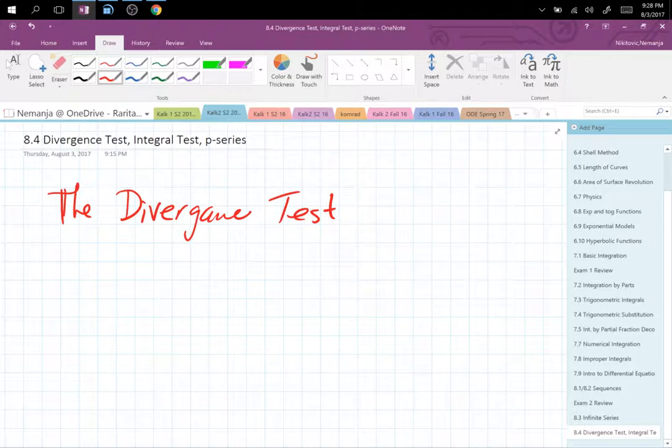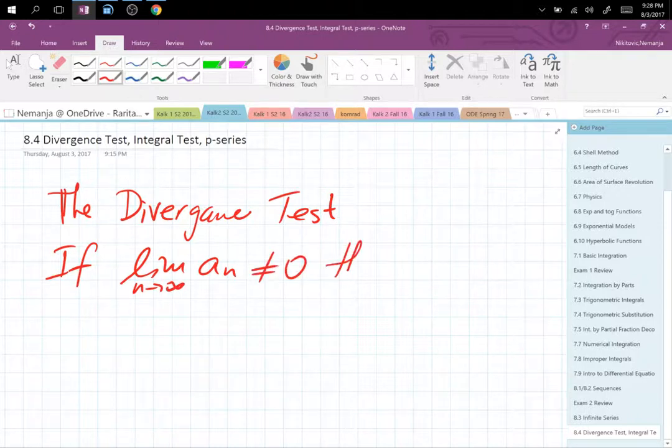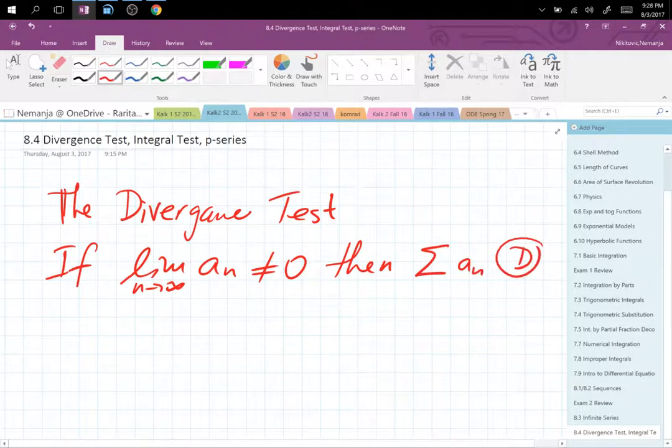It says: if the limit of a_n as n goes to infinity is different than 0, then the summation of a_n diverges. That's all I want to write.